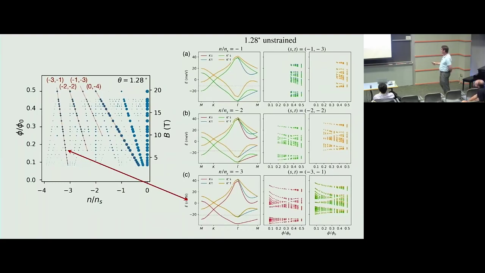Now, these two plots on the right show the results of the self-consistent Hartree-Fock calculation along this line. And they are color-coded by the same quantum numbers as are shown here at 0 magnetic field.